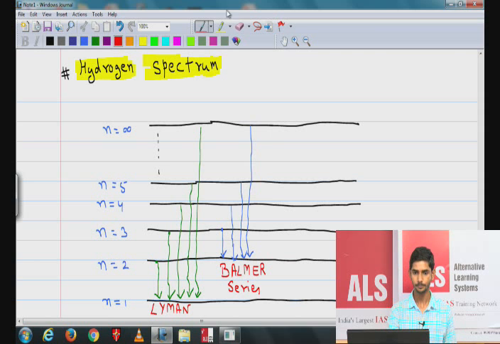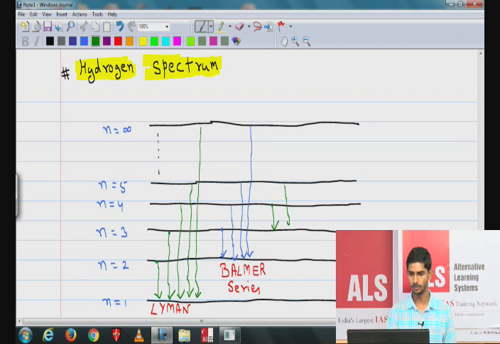Now, let us suppose the electron jumps from... this is better. See, the electron starts its transition from the fourth orbit and jumps to third.